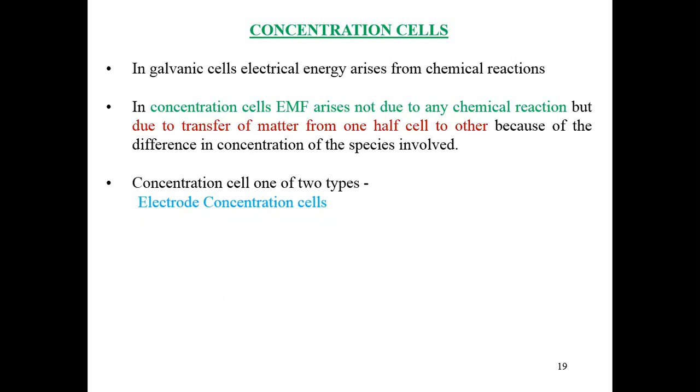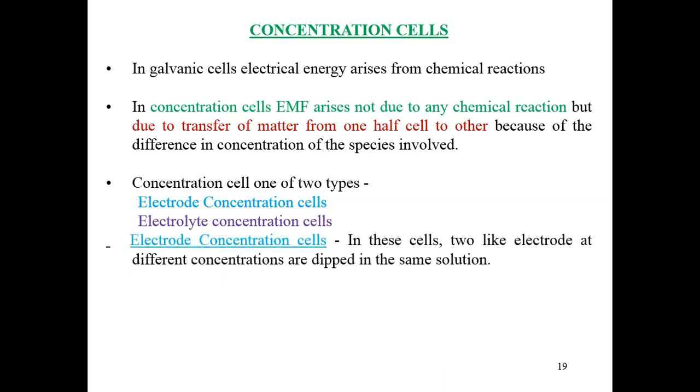Broadly, they can be divided into two parts. The first category is electrode concentration cells, where there is a change in concentration of the electrode. And the second one is electrolyte concentration cells, where the electrolyte solution differs in concentration for the two half cells involved.